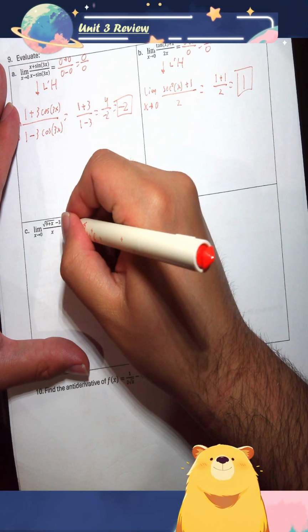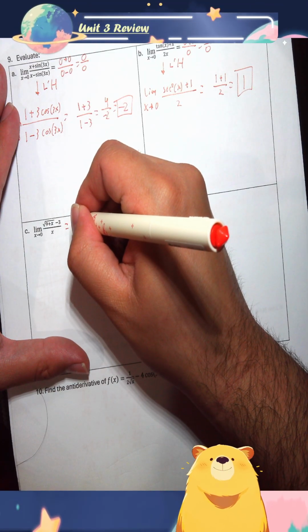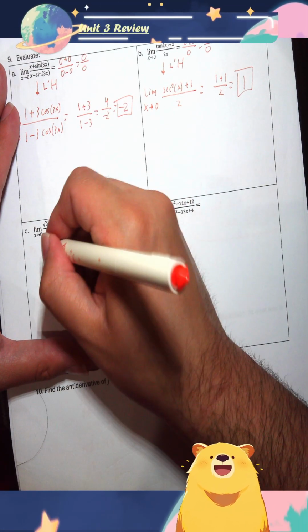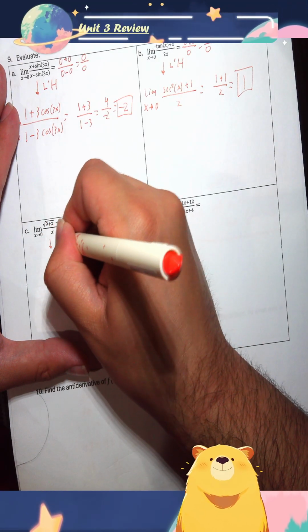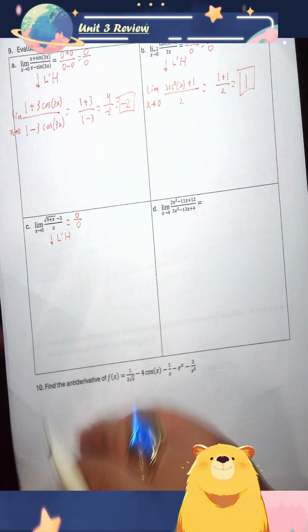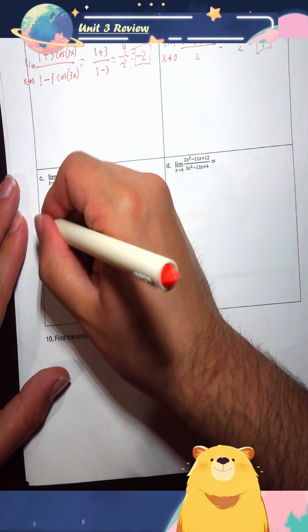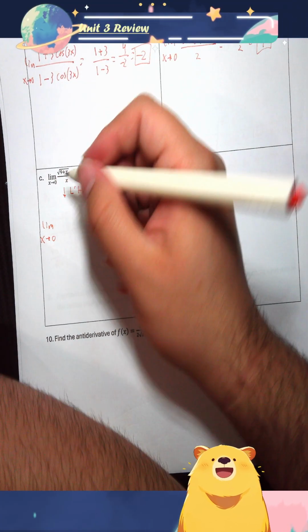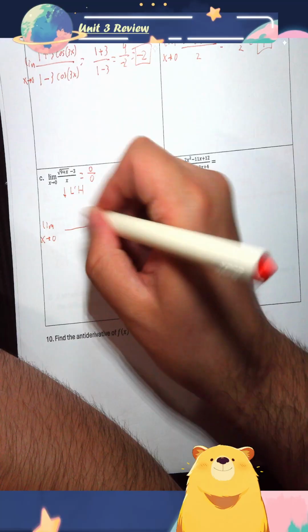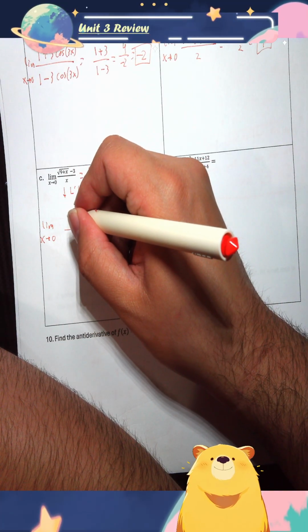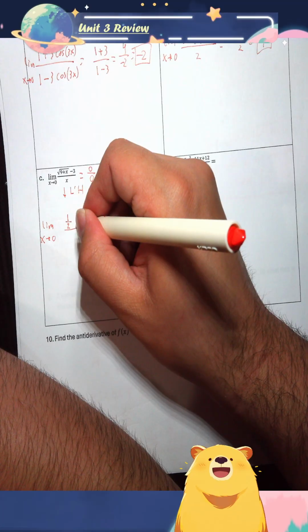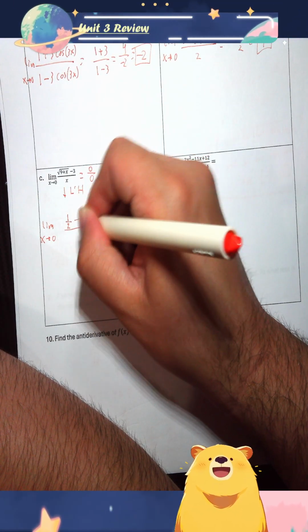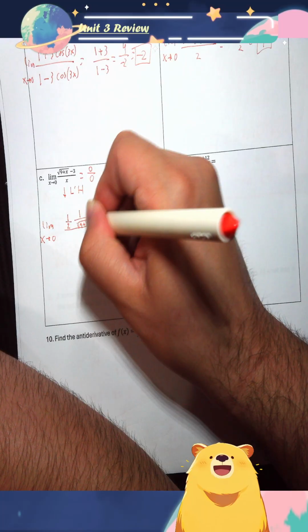Okay. Over here, that's going to be 0 over 0 again. Let's use L'Hopital. We have the limit as x goes to 0 for the top, which is 1 over 2 times 1 over the square root of 9 plus x.